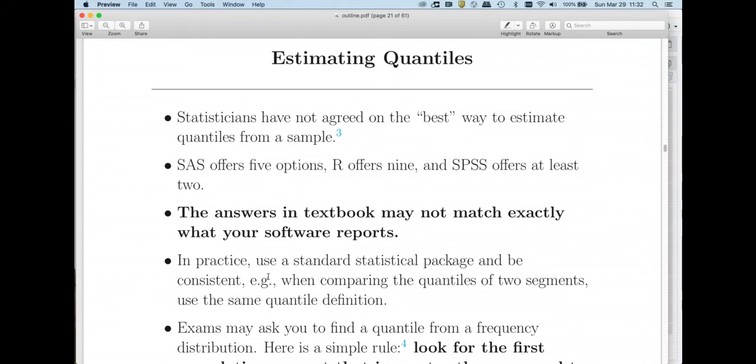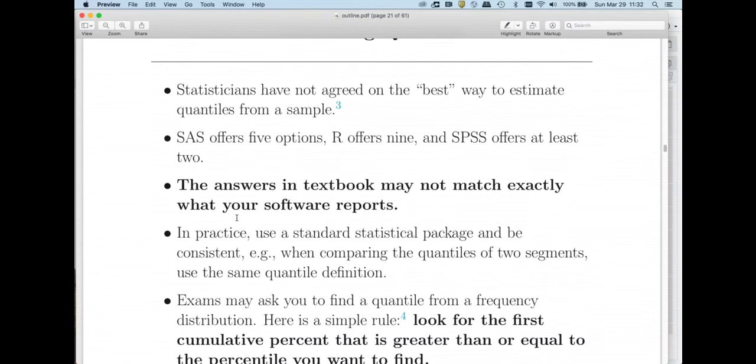And so if you use different software, you may get different answers for the quartiles. Your answers could differ from the answers in the textbook also. So don't freak out if what R gives you doesn't match whatever textbook that you're using. They're just using different definitions.